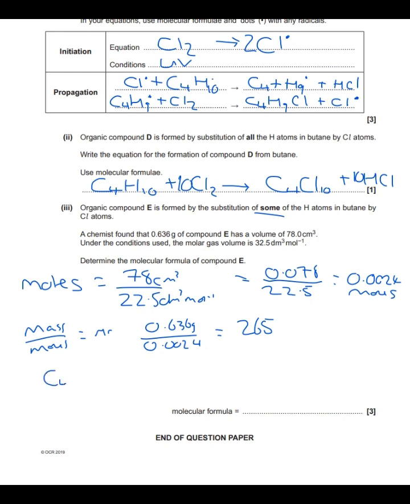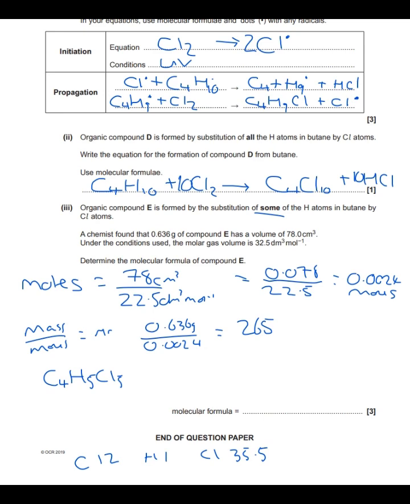So if we've got C4H5Cl5, so in this one, 5 of the hydrogens have been substituted off for chlorines. Let's work out what the molecular mass of this is. So at the bottom, I put carbon is 12, hydrogen is 1, and chlorine is 35.5.